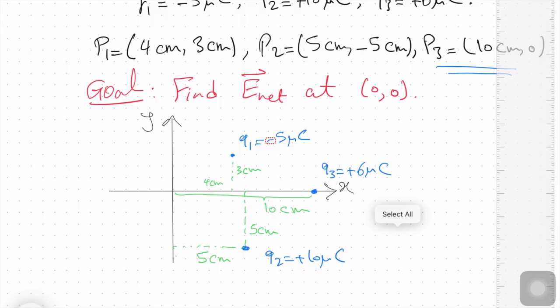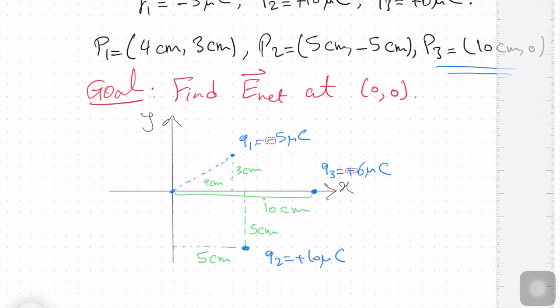Basically the way you should do it is, let's start from Q1. If you could do it by hand without this step, that's fine. But I'm just going to show you the thought, that the point of interest is the origin. So I'm going to lightly draw the line that connects the origin to Q1.